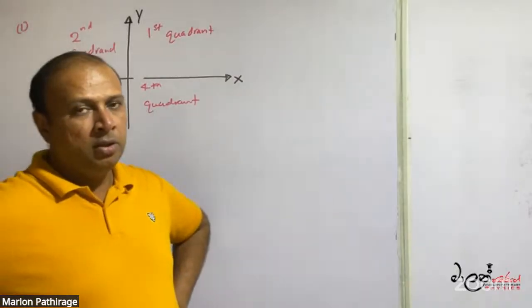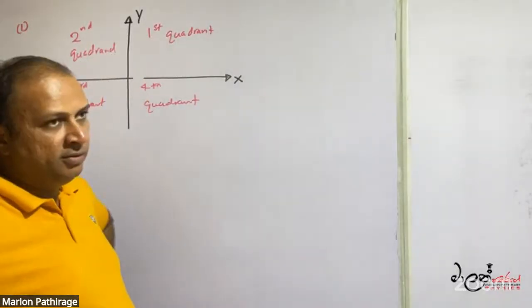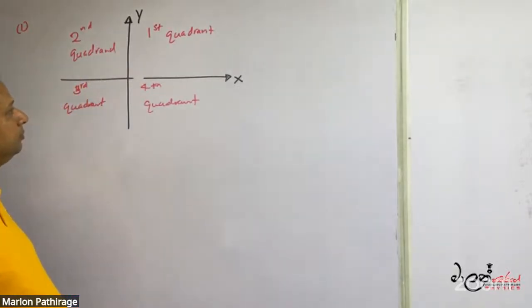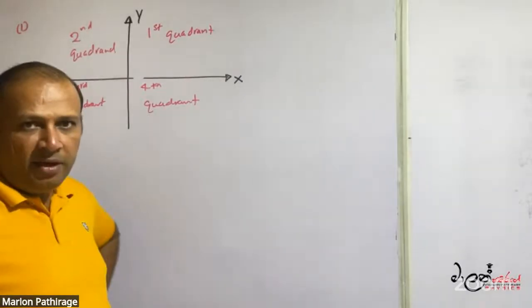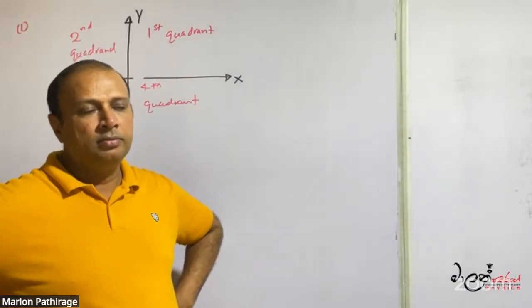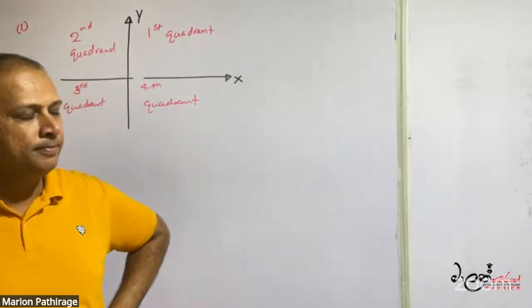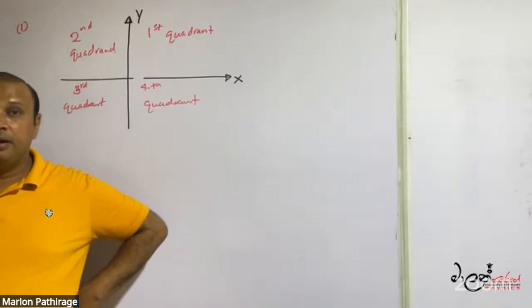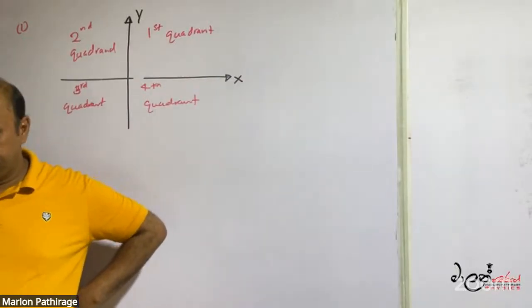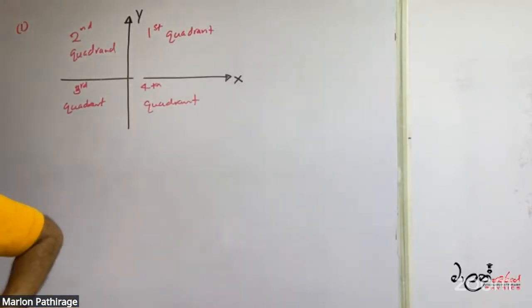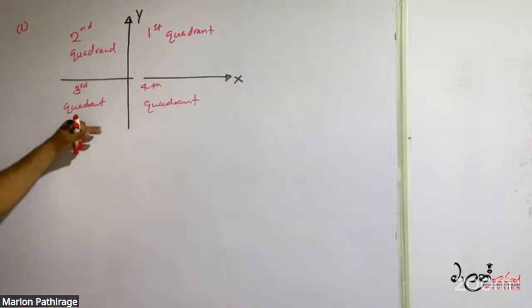Determine the location of coordinates where the graph is going to be plotted. Okay, make an example.